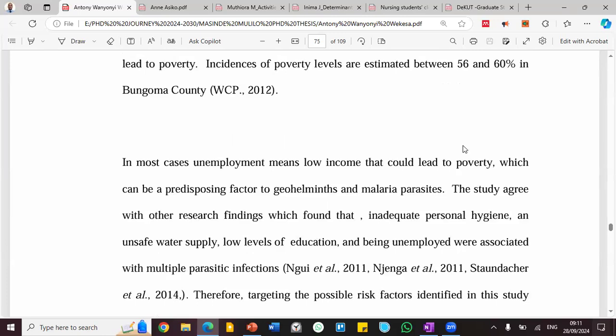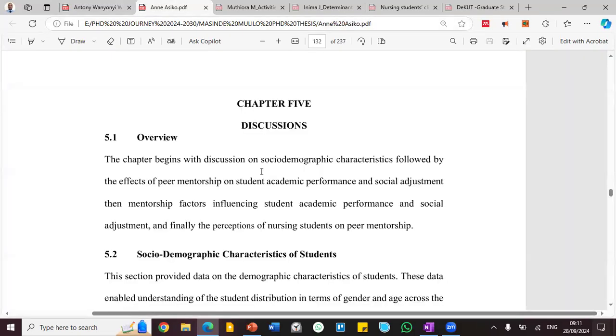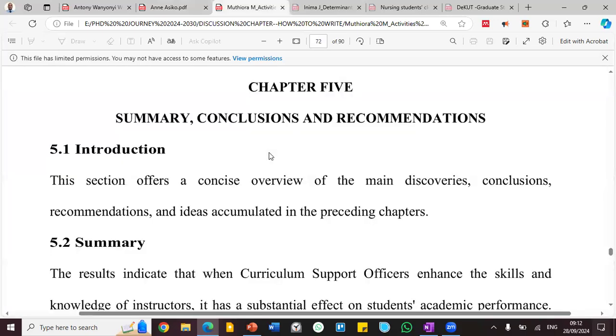So as I discuss chapter 5, I'll be referring to discussion, but other universities or guides give different guidance. Maybe you can see in this one, this is for masters. Chapter 5 is all about summary, conclusion, and recommendation. So I'm just showing you that when I'll be talking about discussion, I'm referring to chapter 5.